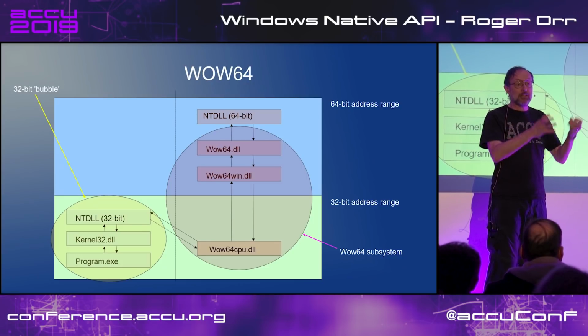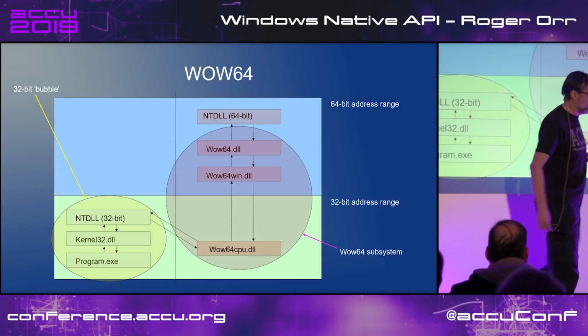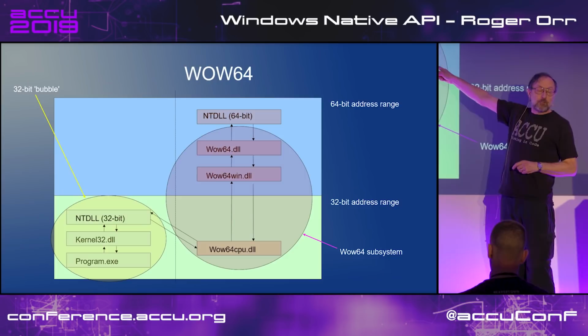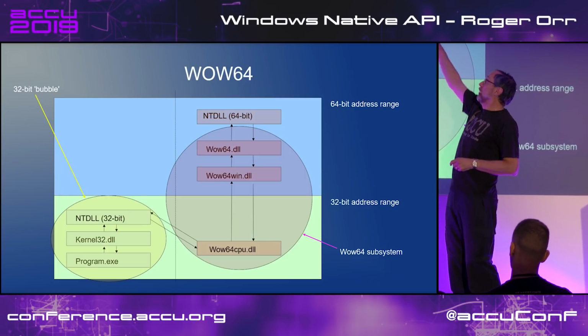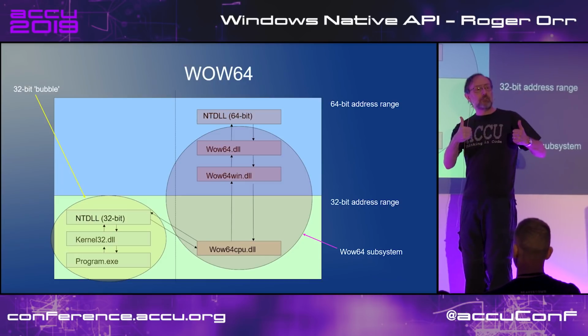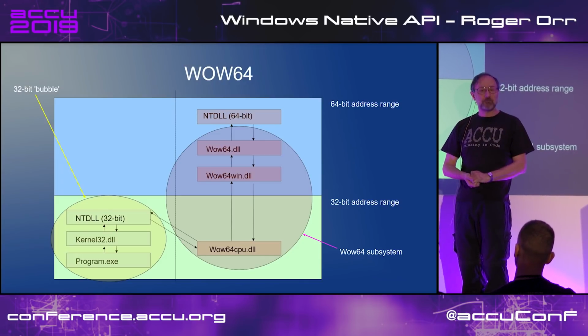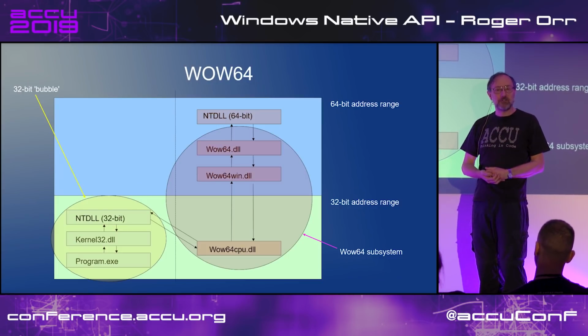Well, that bit has to be in 32-bit land. So magic happens here. I'll talk a little bit more about that in just a moment. And we end up calling wow64win, which calls wow64.dll, which calls NTDLL, the 64-bit NTDLL that actually gets into the operating system. So what can possibly go wrong?